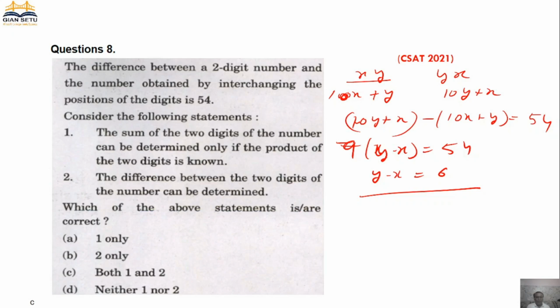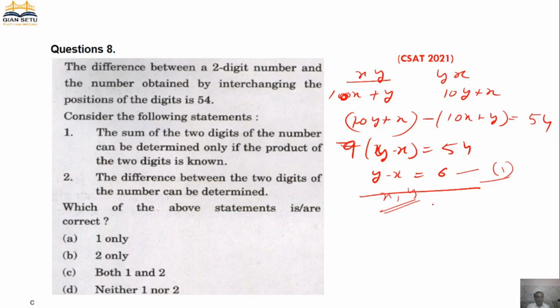Now we have an equation, we can say this is equation number 1. Now to find the sum of x and y, first we need to find the values of x and y. For that, we need another equation.